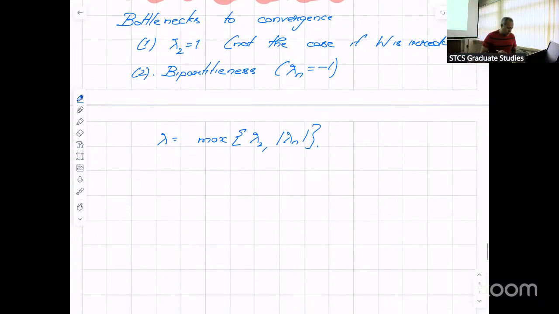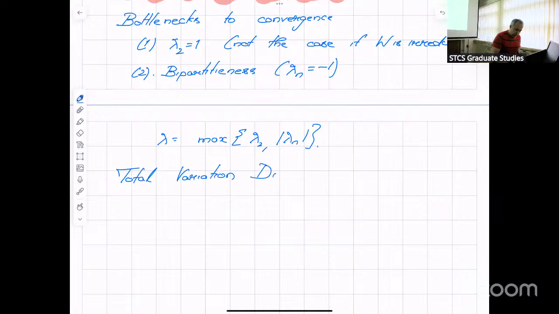So what we'll try to understand is the total variation distance between p_t, which is the probability distribution of the t-th step, and the stationary distribution pi.